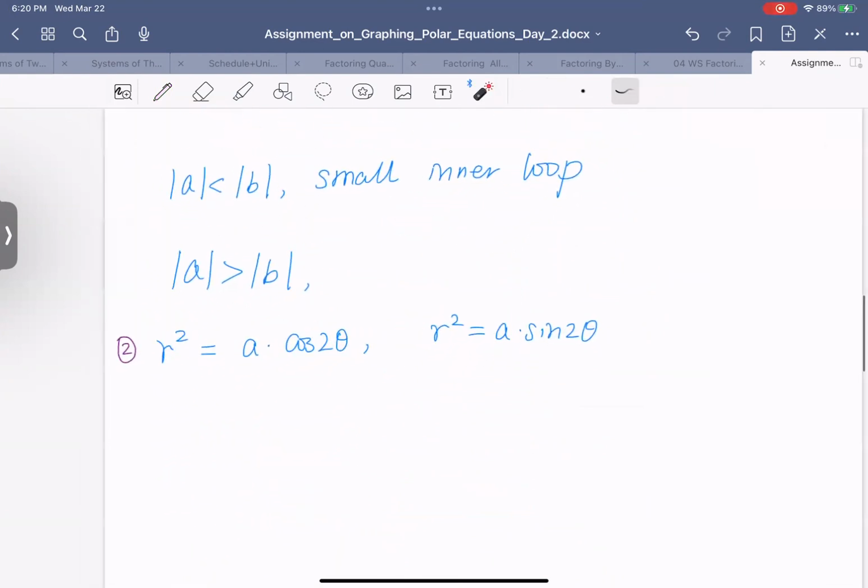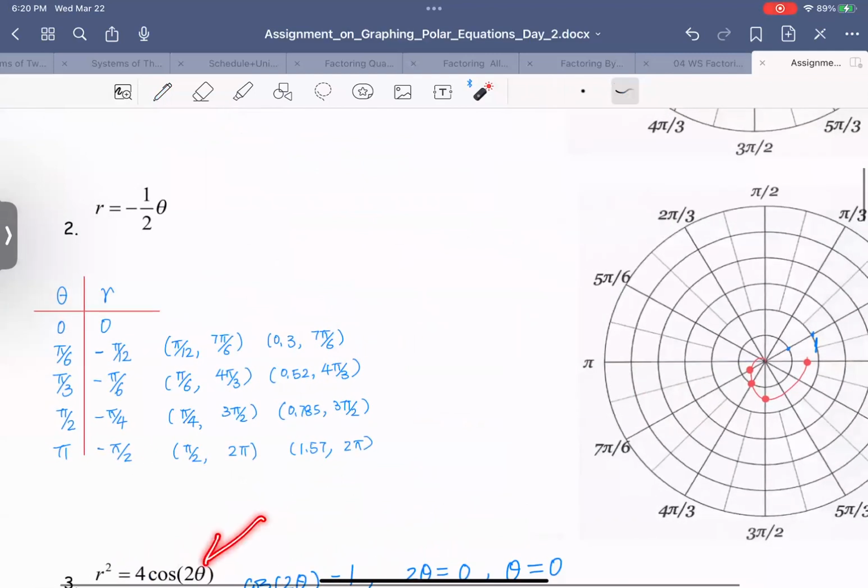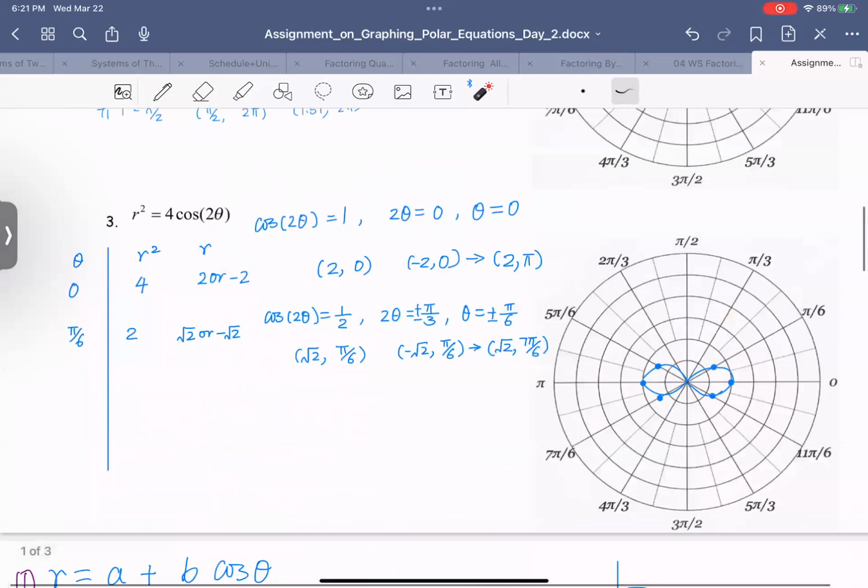What you need to know is that when you are given this, without spending a long time figuring out the shape, you already know what it is. If you have a square and 2 theta, it's the landscape. If there's no square, it will be a rose. So R squared and 2 theta is the typical landscape.